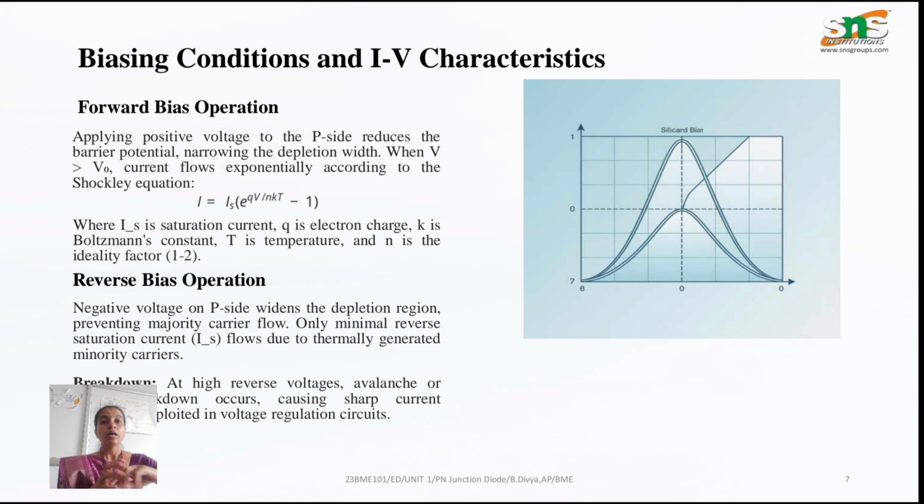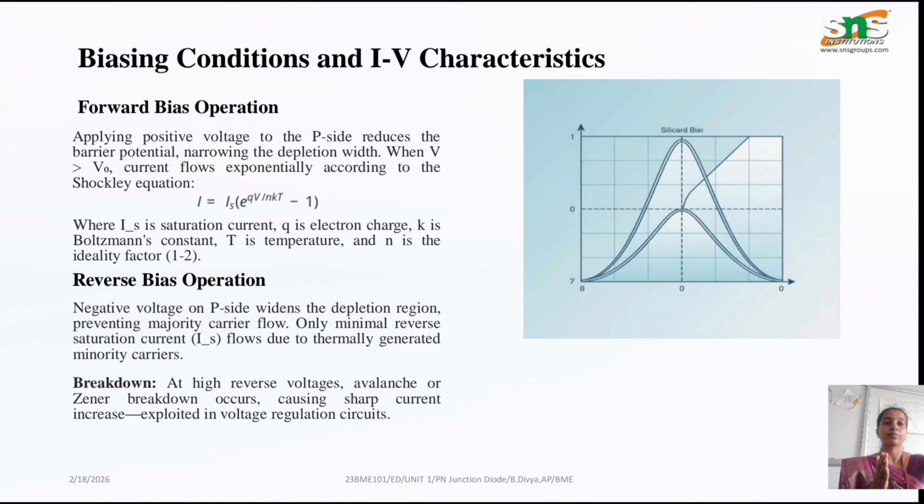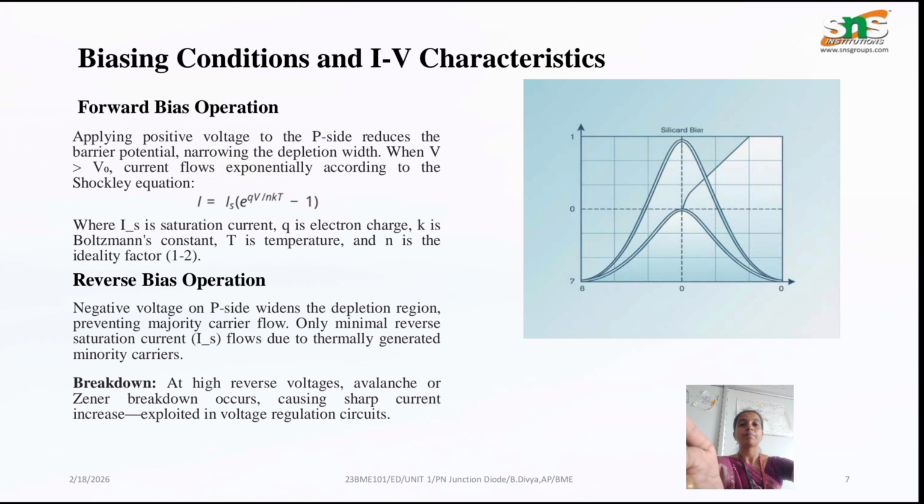Next is the biasing conditions and the IV characteristics, that is voltage to current characteristics. We have the forward bias condition and the reverse bias condition, where in forward bias the P side, that is the P-type material, is connected to the positive terminal, whereas in reverse bias the N-type is connected to the positive terminal.